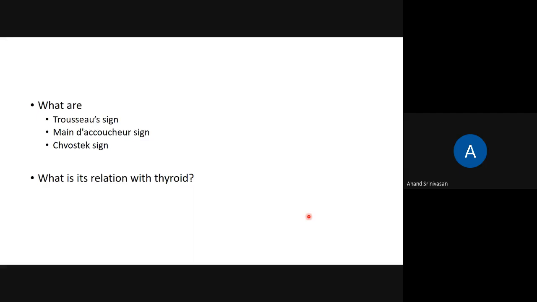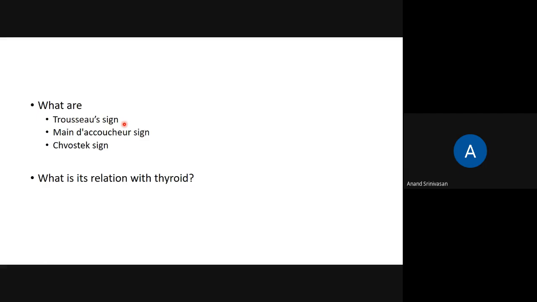What is the Trousseau sign? You ask the person to sit, tie the BP cuff around the arm and increase the pressure a little above the systolic pressure, and leave it like that for 5 minutes.